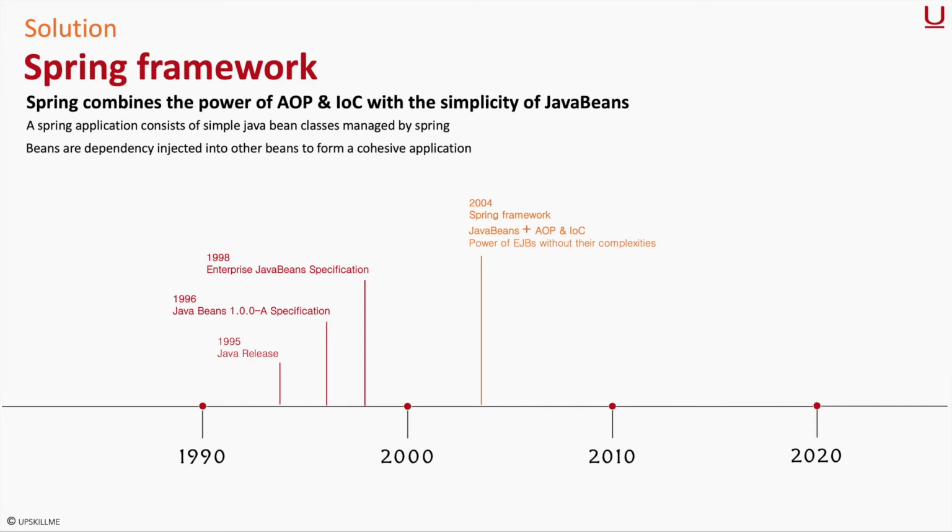Spring strives to deliver the same services as EJBs while simplifying the programming model. One of the core beliefs of Spring Framework is that the complexity of the application is proportional to the complexity of the problem being solved. A Spring application consists of simple Java Bean classes managed by Spring. Beans are dependency injected into other beans to form a cohesive application.